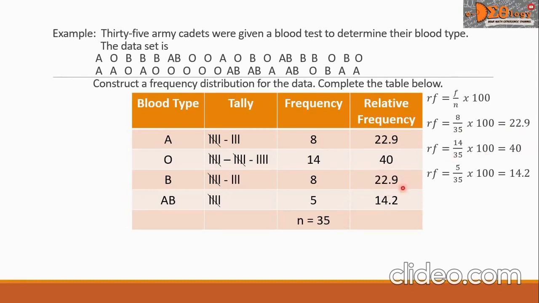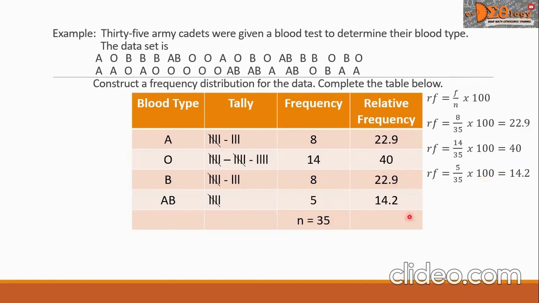This 22.9 here is the same with our relative frequency of the blood type A because they have the same frequency. So we use the same computation. Now, the 14.2 comes when we have this 5 divided by 35 times 100.